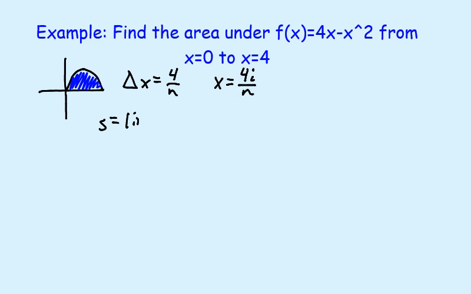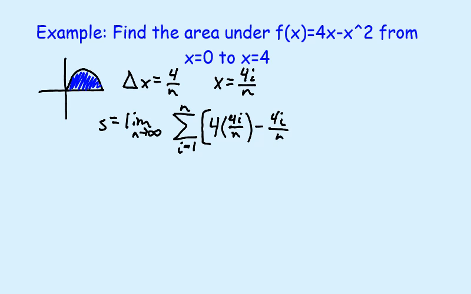Writing my Riemann sum with the limit definition, I have the limit as n goes to infinity of the sum from i equals 1 to n of f of x with my new x substituted into the original function, times my delta x.